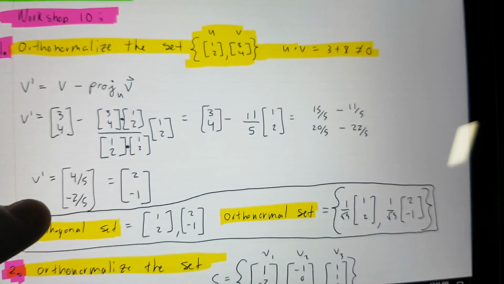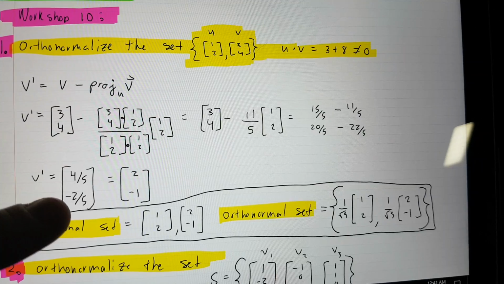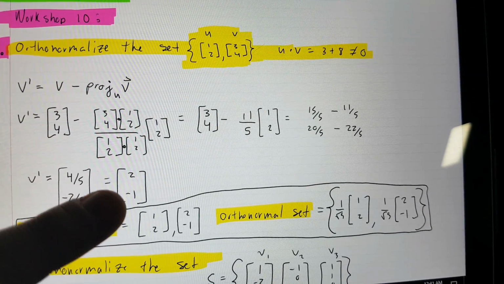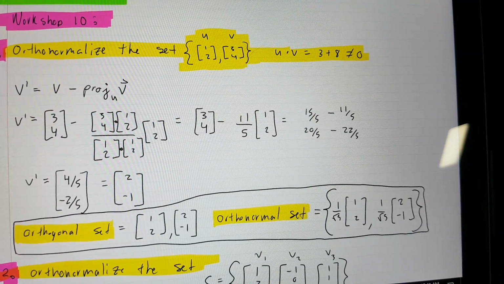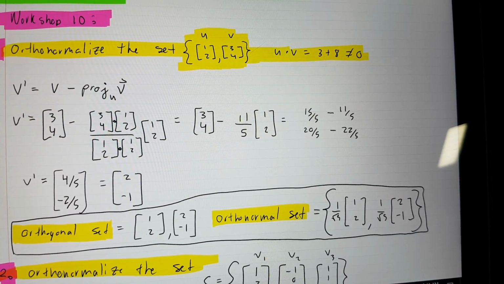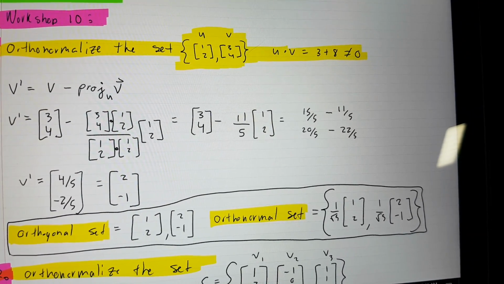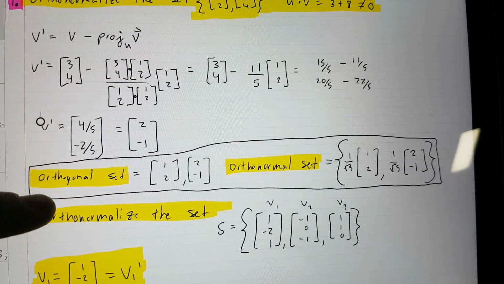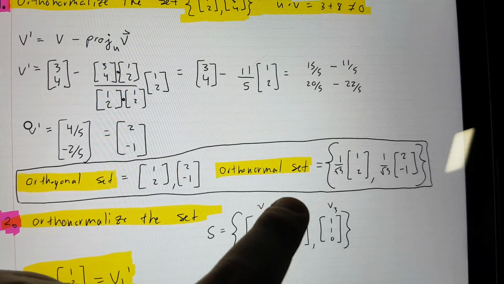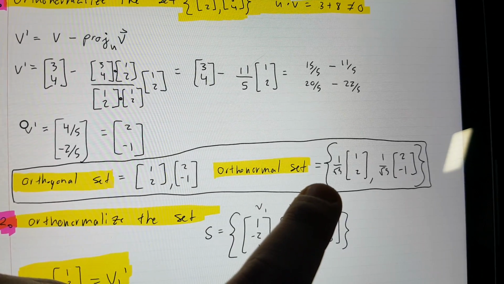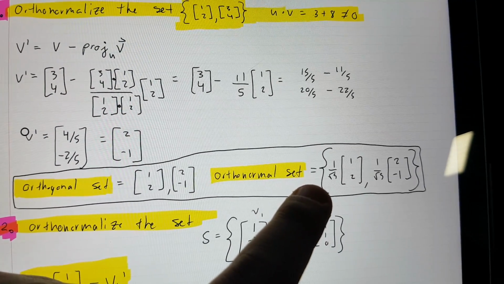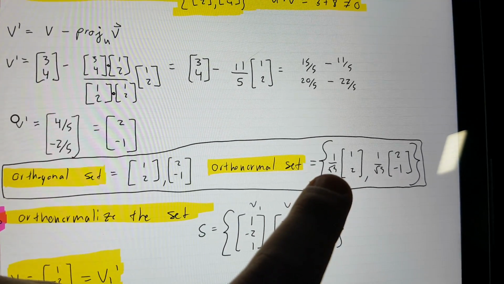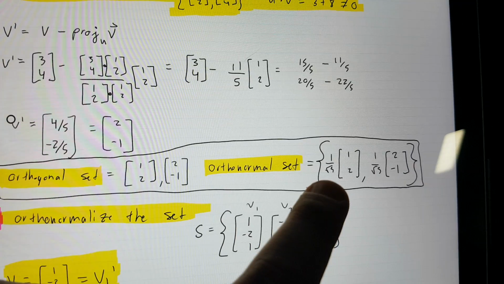Once I have that, you can multiply it by whatever you need to make it look good. So I decided to multiply by 5 and then divide by 2 to get 2, negative 1. Those two vectors form my orthogonal set, and my orthonormal set is simply what I get when I calculate the magnitude of each vector and divide by it.